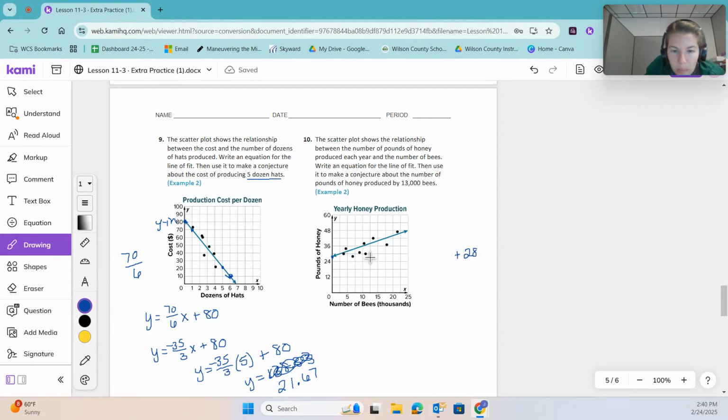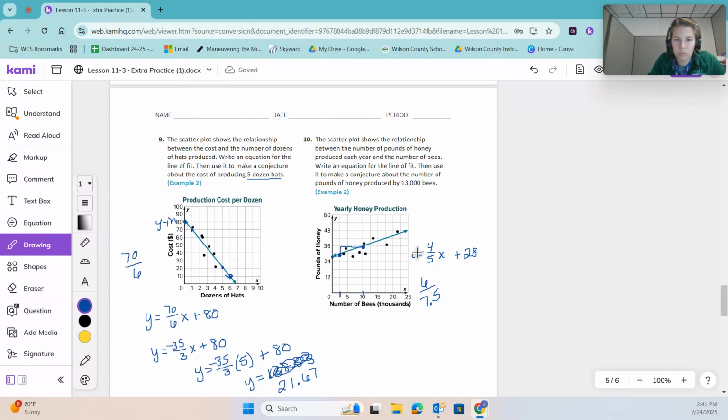For my slope, I go from 30 to 36, 6 over 5. Nope, 6 over 7.5. We go up 1 block and over 1, 2, 3, so that's from 2.5 to 10. So that's 7.5. So 6 over 7.5, which simplifies to 4 over 5.